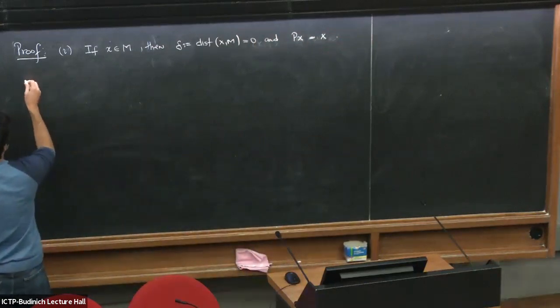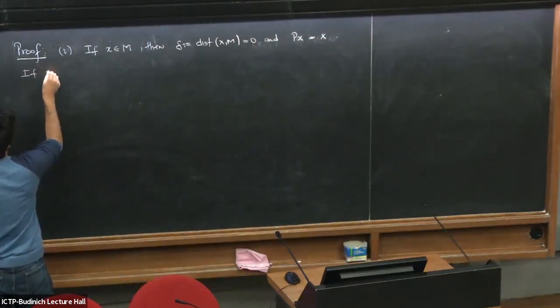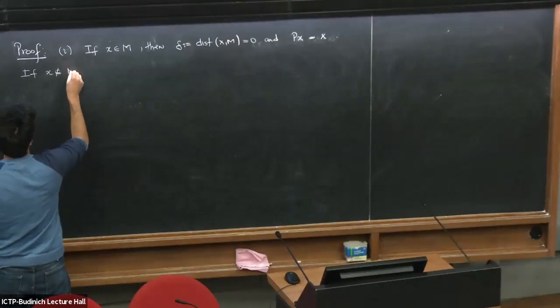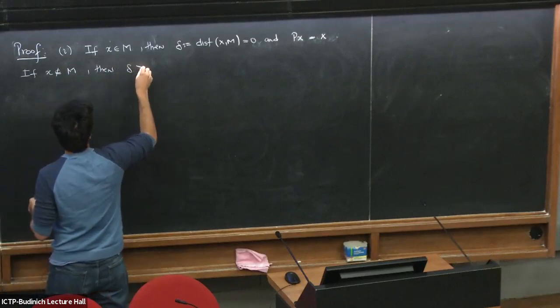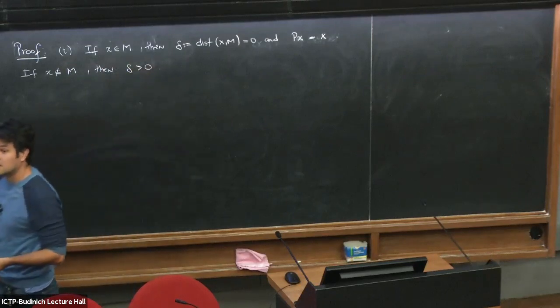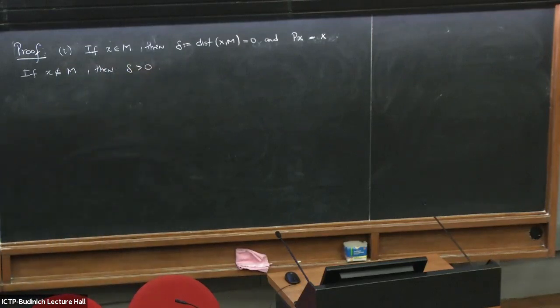Now if your x does not belong to the closed subspace, then this distance delta is actually bigger than 0. If your point is not in the subspace, then the distance to the subspace is strictly bigger than 0, and this is because it's a closed subspace.